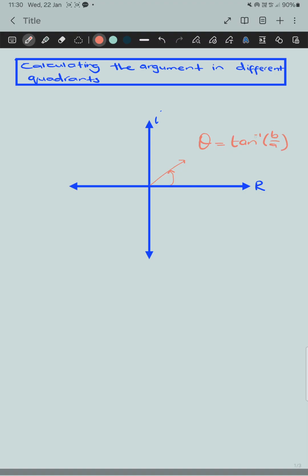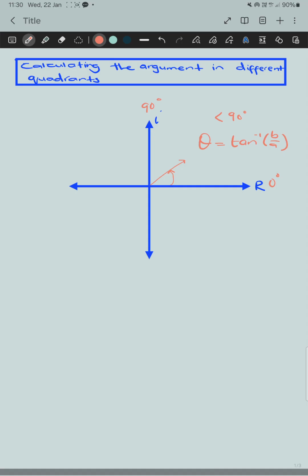In the first quadrant, which is between 0 degrees and 90 degrees, my theta, or my angle, is always going to be less than 90. So my angle this side will always be less than 90 degrees, and we take it as it is.